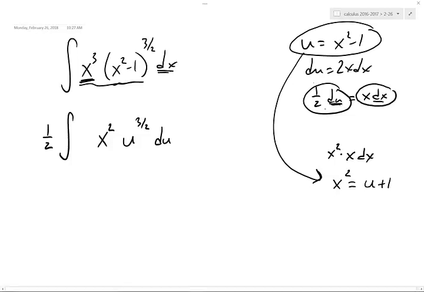I'm going to stick in half of a du. You see this right here? But what is half of a du equal to? It's equal to 1x times a dx. Well, that takes care of one of these, yes? But where are the other 2? Do you understand where this comes from? Do you understand this process?